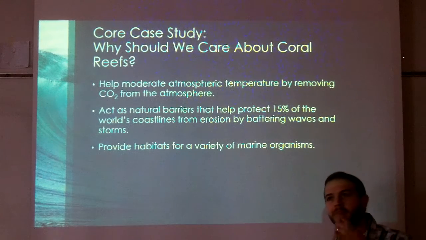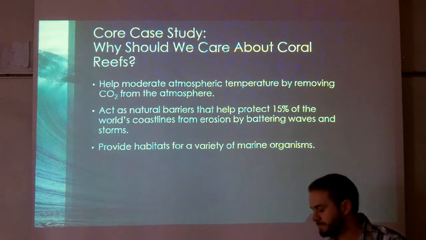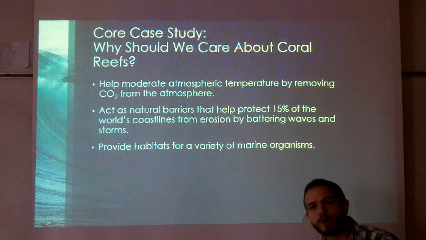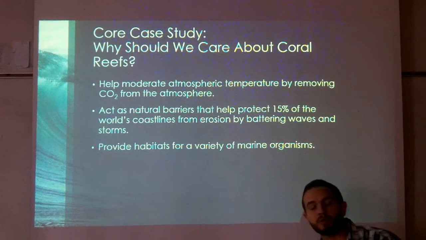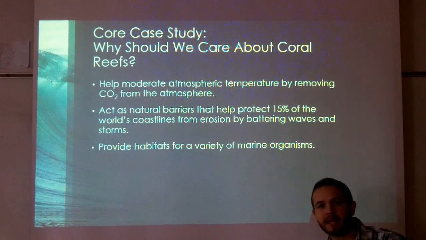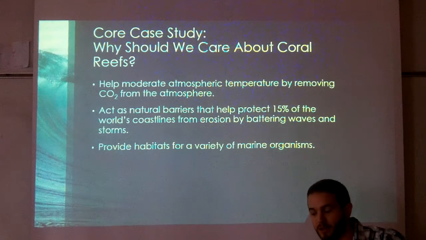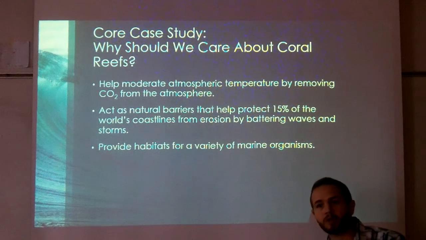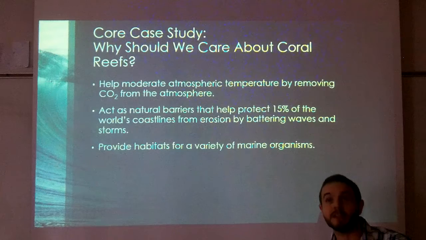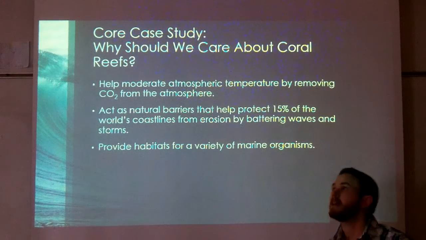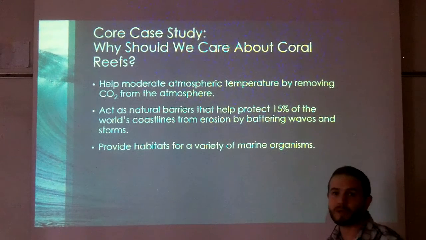Right? And remember, in one of these prior lectures, we said that the neritic zone of the ocean was only 10% of the ocean, but 90% of the ocean's organisms lived part or all of their life in the coastal zone, the neritic zone. Most of that is here in these coral reefs. Right?